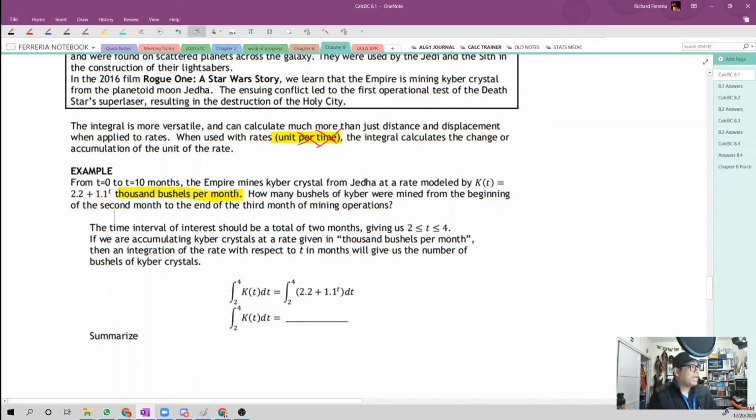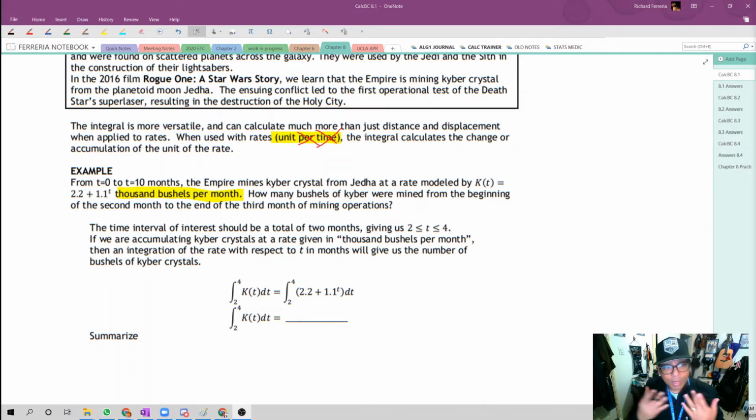Okay, over here we see that K is provided with units of 1,000 bushels per month. Per month is a unit of time. So if I integrate here, I'm going to lose that per month, and the result will be in 1,000 bushels. So how many bushels of Kyber were mined? Well, if I integrate this, we're going to get an answer in 1,000 bushels.